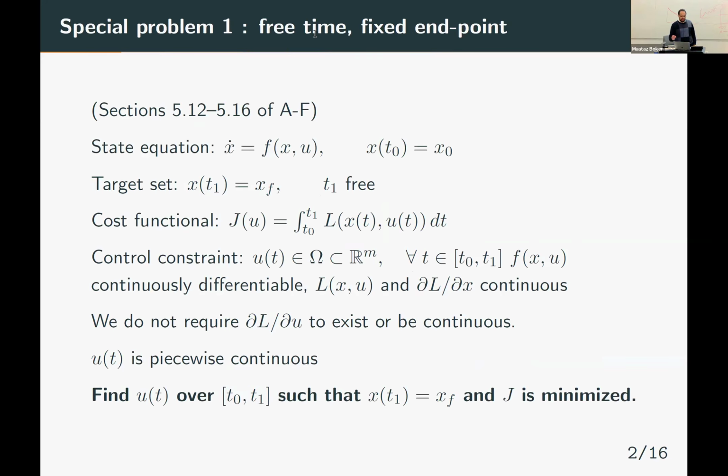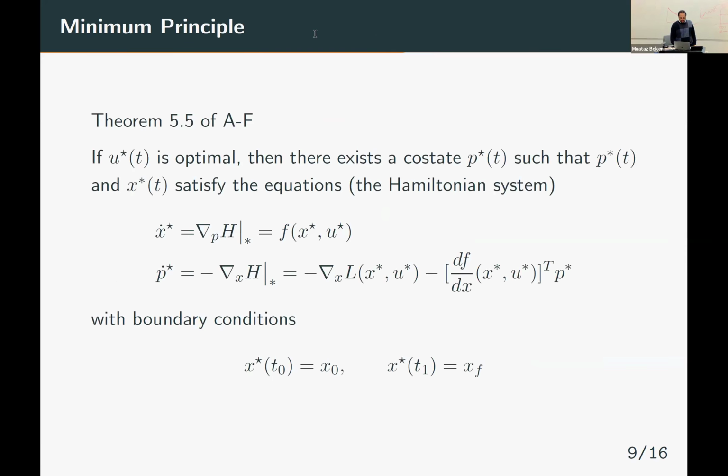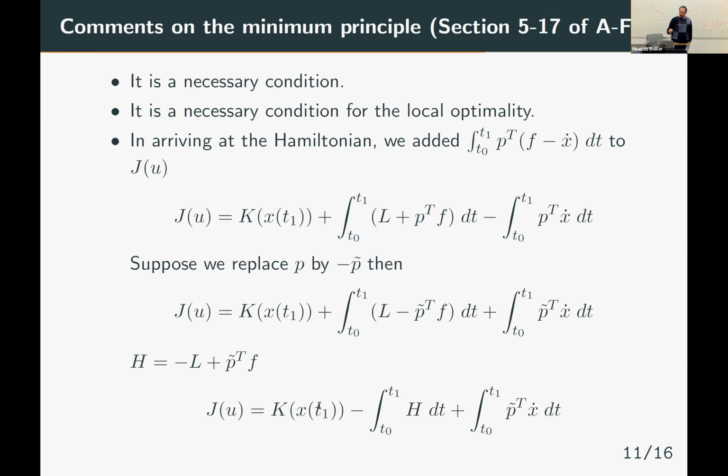So when we have fixed endpoint and free time, we have this condition that the optimal H is equal to 0. There is another problem where H is going to be constant, not 0, at the optimal point, but we are going to consider that at a different time. But for now, for this special problem, this is what we have here. Please stop me at any time if there is anything that is not clear.